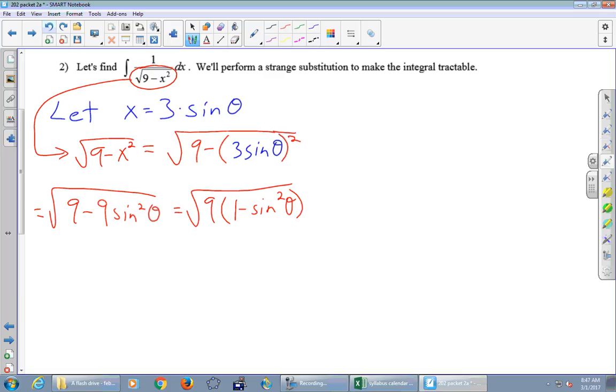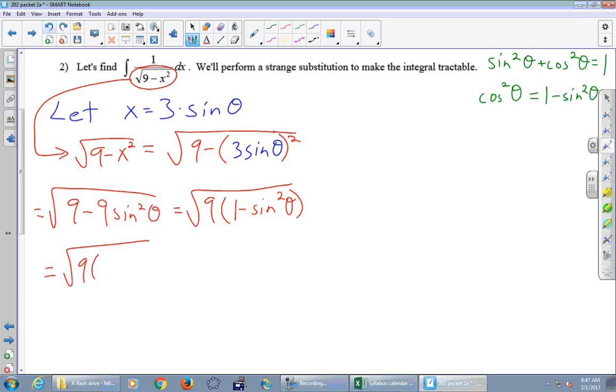So let's just write it right up here. You guys know that sine squared theta plus cosine squared theta is always equal to 1. And so 1 minus sine squared is really cosine squared, right? And so this thing down here becomes square root of 9 times, instead of 1 minus sine squared, cosine squared.